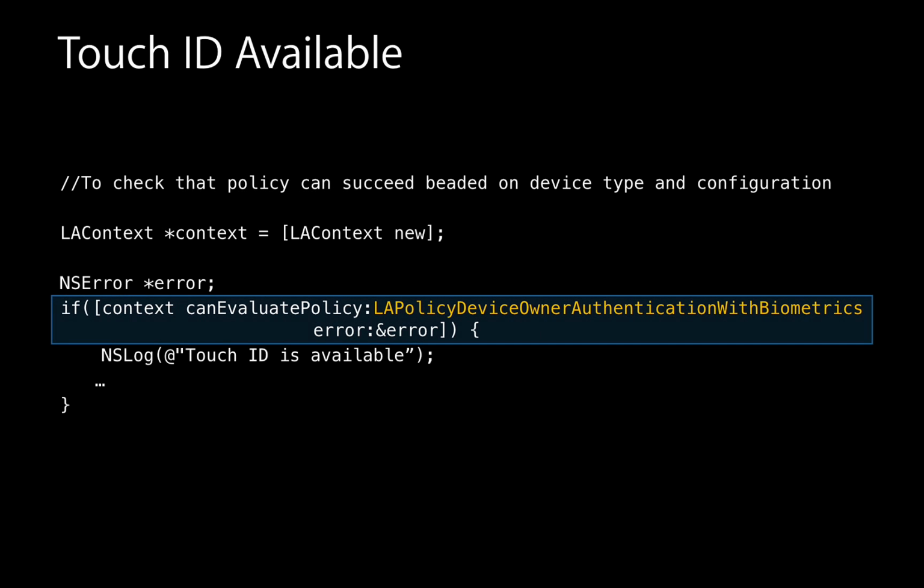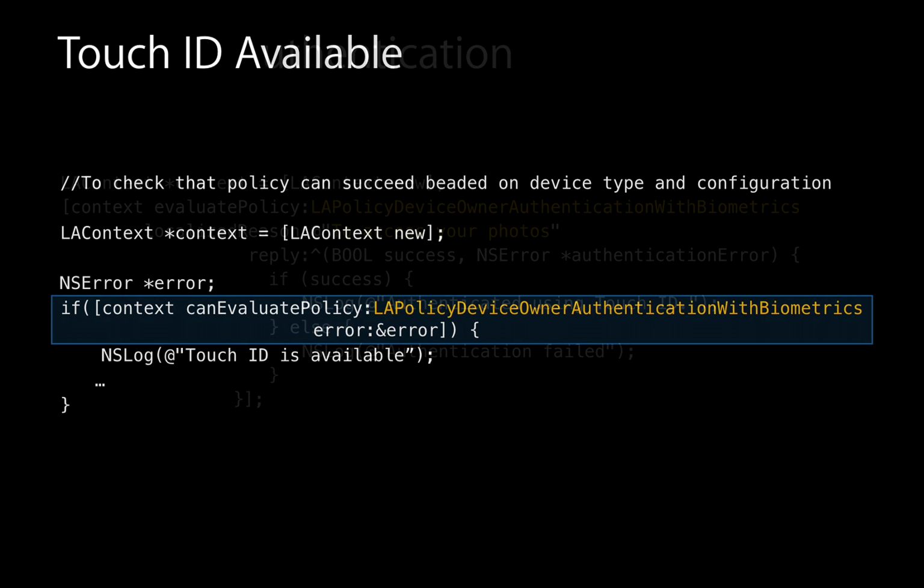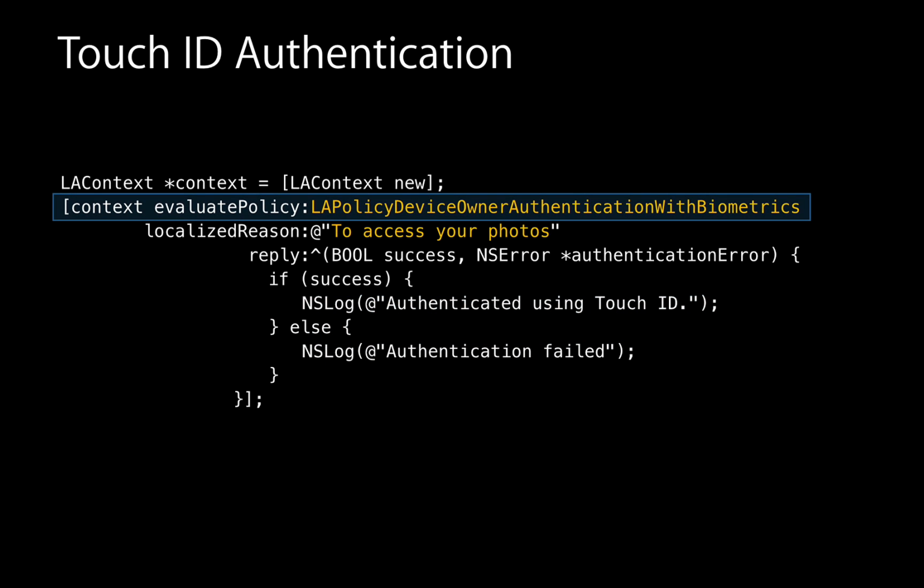Let's see the real examples, how this is done in your code. So the canEvaluatePolicy call to check if Touch ID is enabled or any fingerprints are registered is pretty simple. It's just a single call which is not blocking. It does not need any user interface, so you can call it anytime. And the actual call, which shows the user interface and starts the operation inside Secure Enclave, is evaluatePolicy.